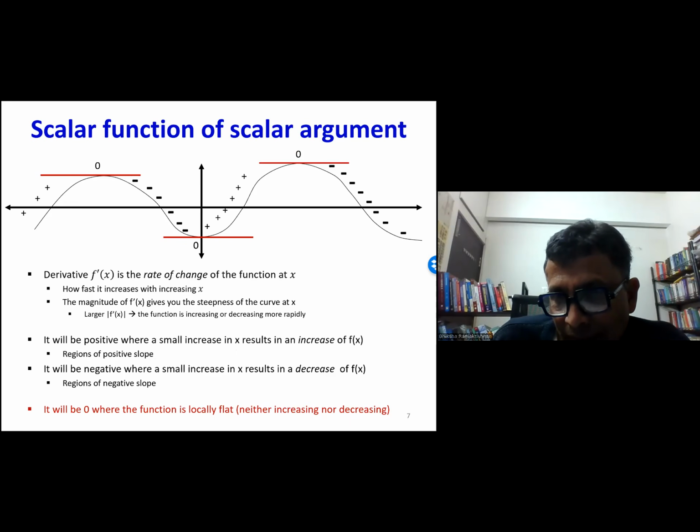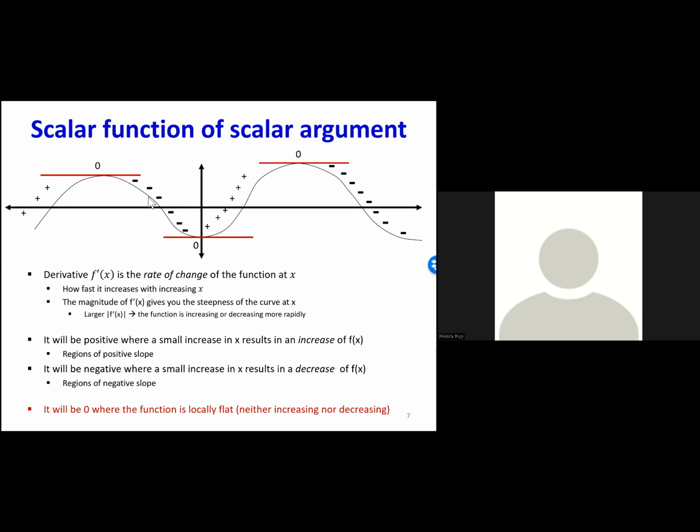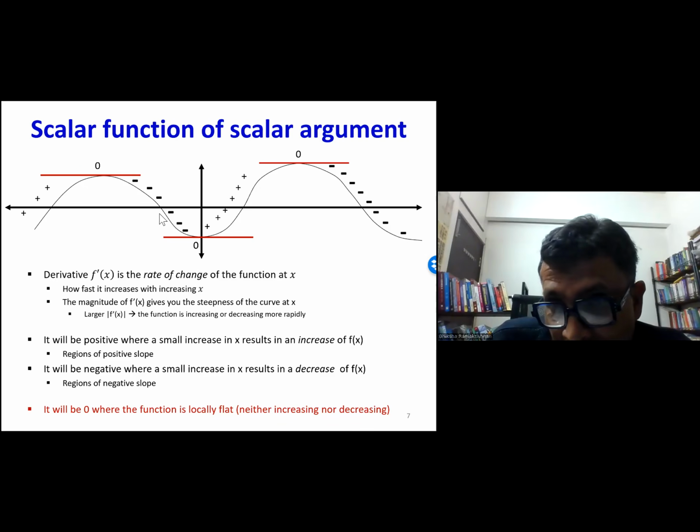Positive or negative? Positive, right? Out here, a small increase in delta x is going to result in a decrease in y, correct? So what would the derivative be? Negative. And so the derivative will be positive in regions where the function is increasing and negative where it's decreasing. It's going to be 0 where the function is flat.